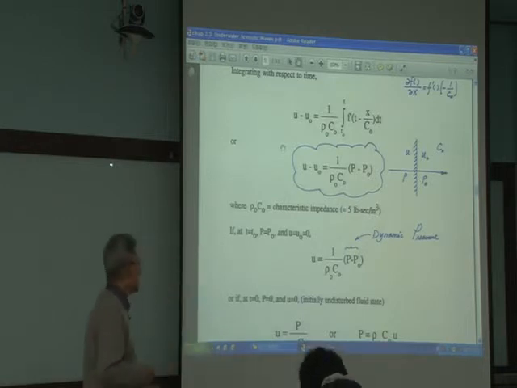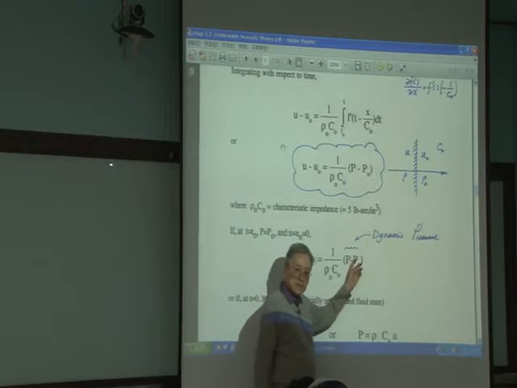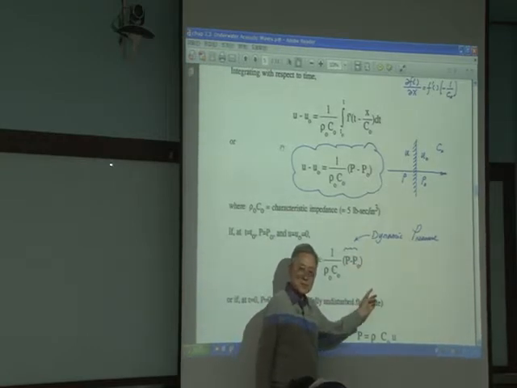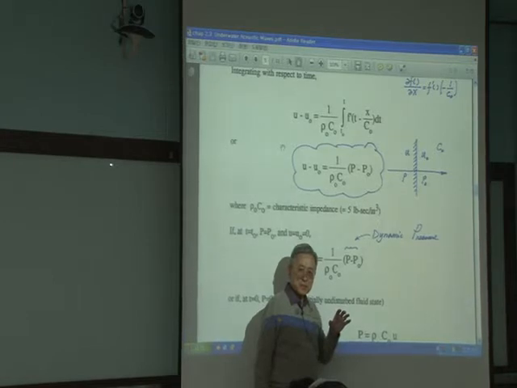Okay. Then when U naught is equal to 0 and P naught is equal to 0, you have this equation set. P minus P naught, deleting the static component of the pressure, the remaining part is the dynamic pressure.